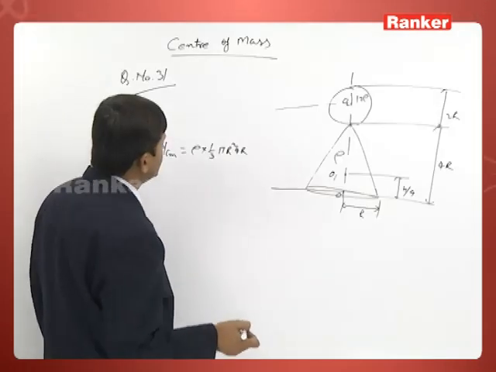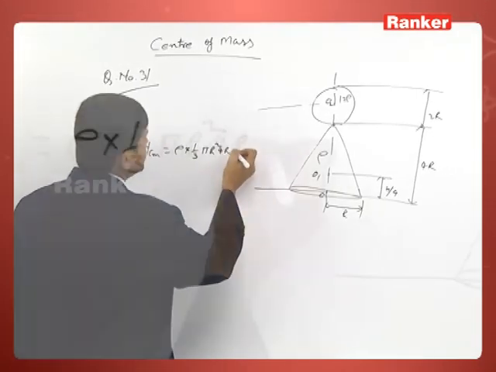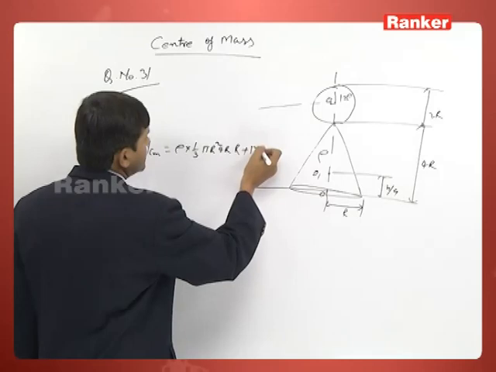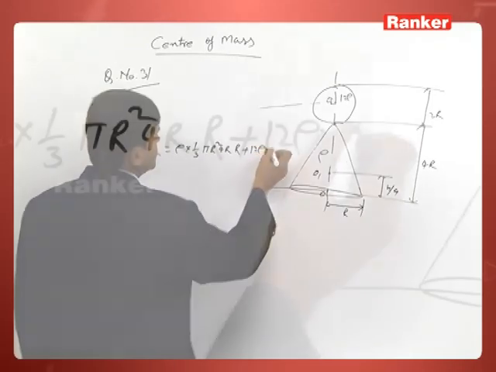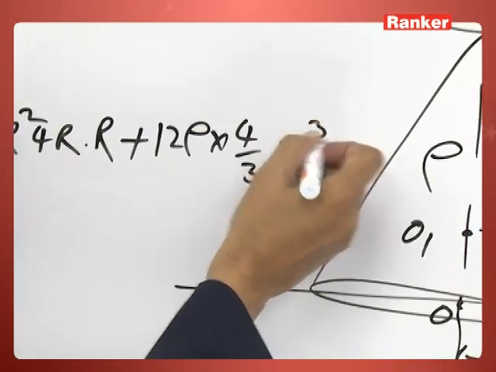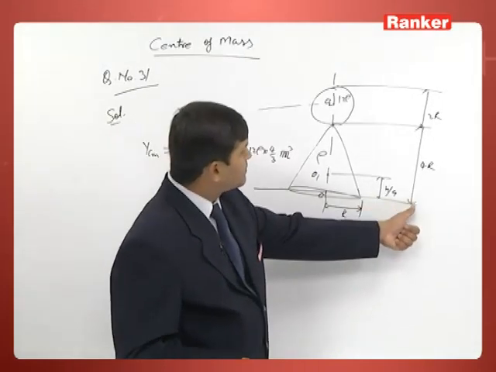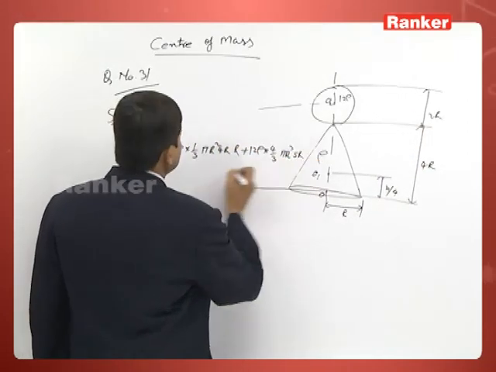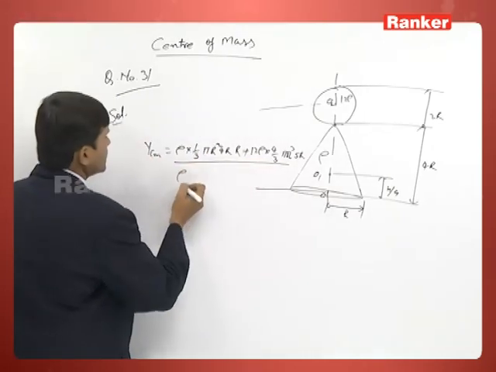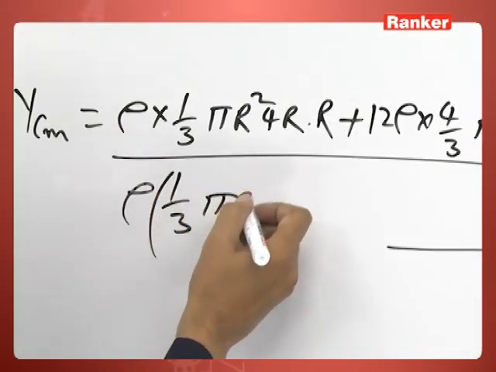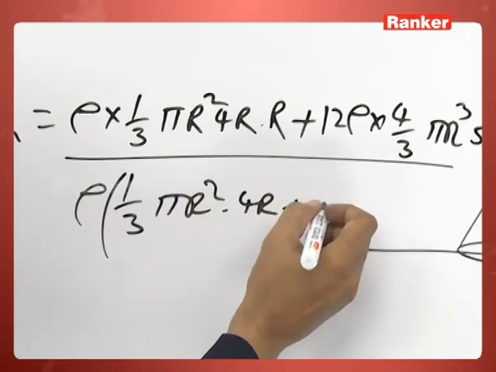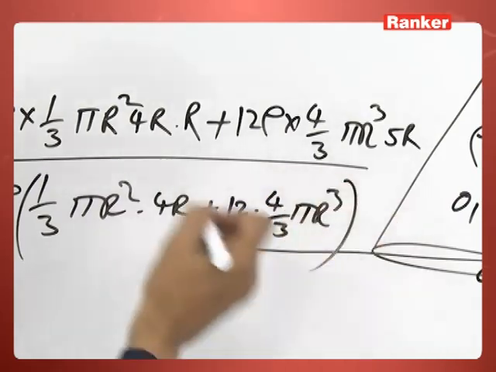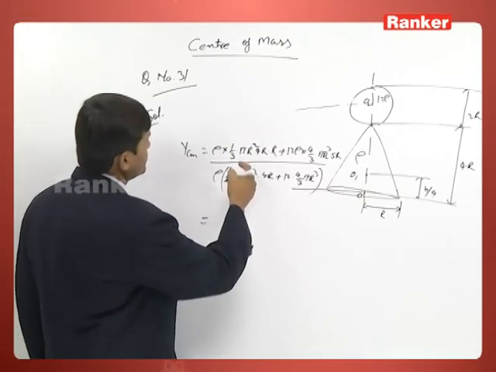This M1 is multiplied by its center of mass position, that is r, plus density 12 rho, volume 4 by 3 pi r cubed, and position of center of mass from here to here, this is 4r plus r, 5r, divided by the total mass: rho into 1 by 3 pi r squared into 4r plus 12 into 4 by 3 pi r cubed. Now we can simplify.